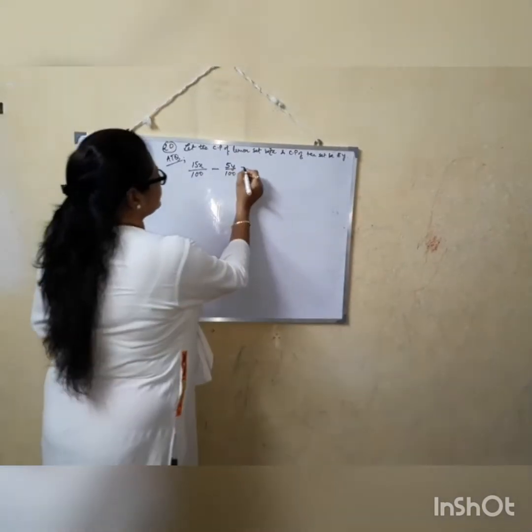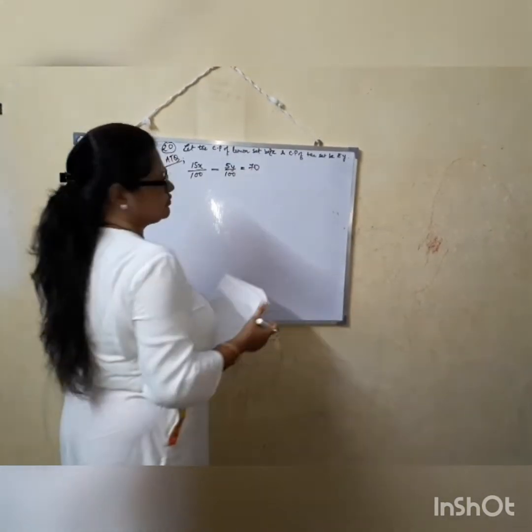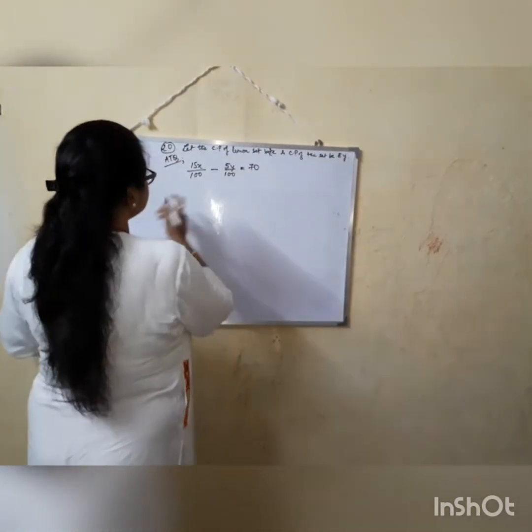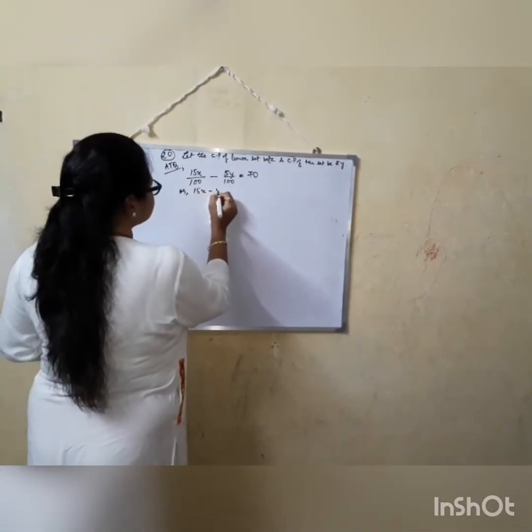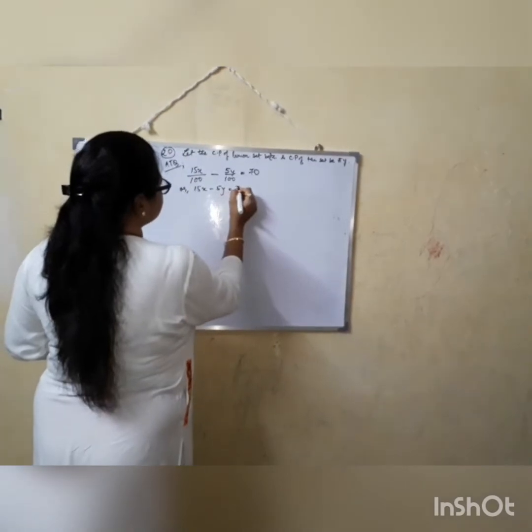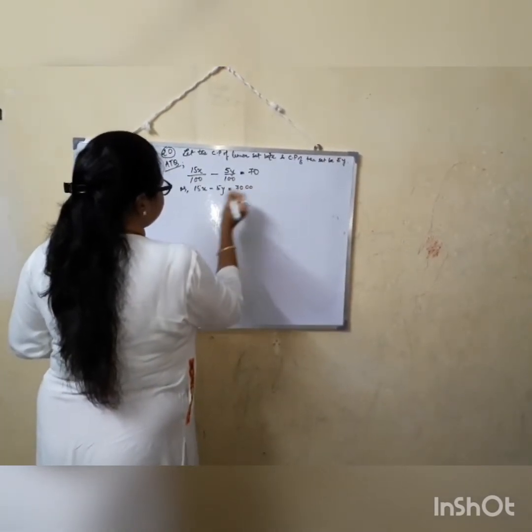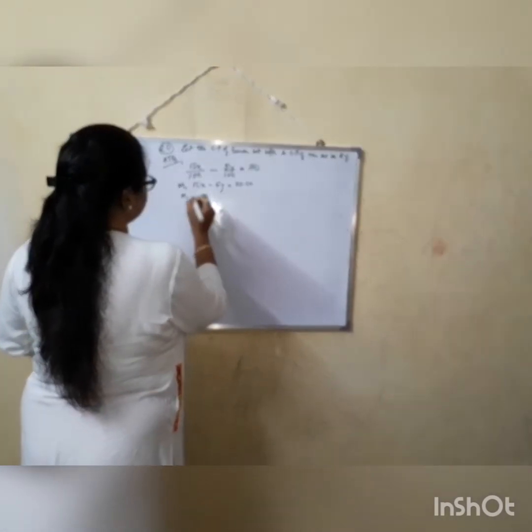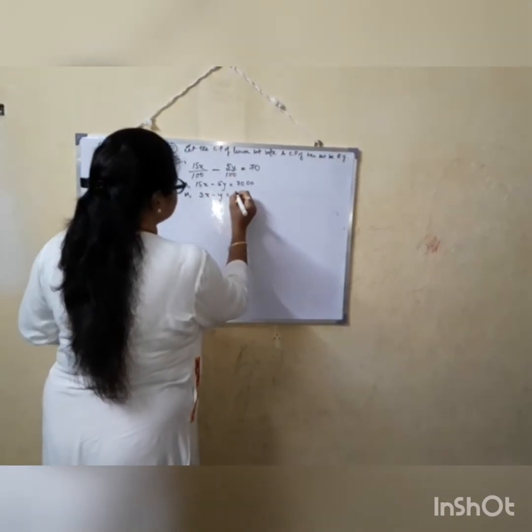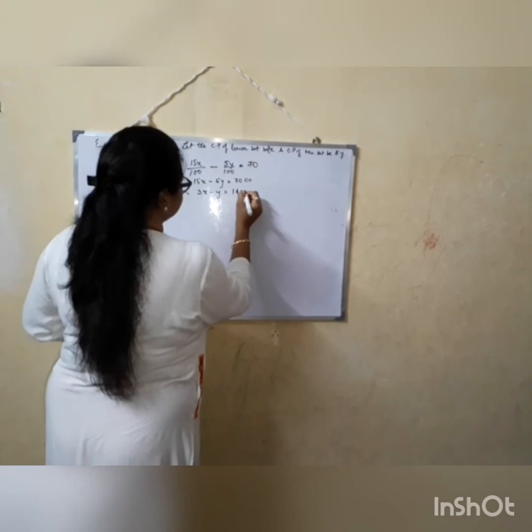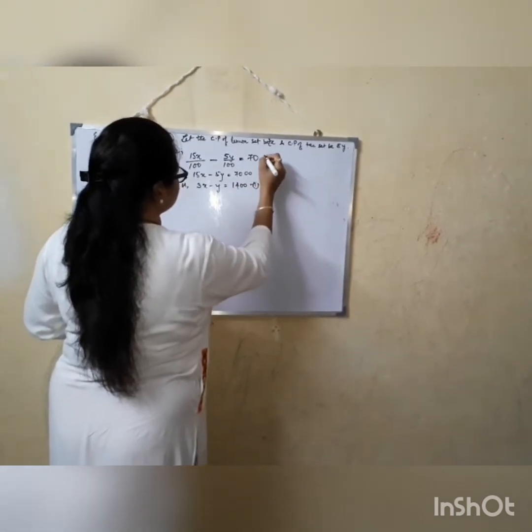Now this will be equal to 70. Okay, let's see what do we get from here. So 15x minus 5y is equal to 70,000, or 3x minus y is equal to 1400. This is the first one.